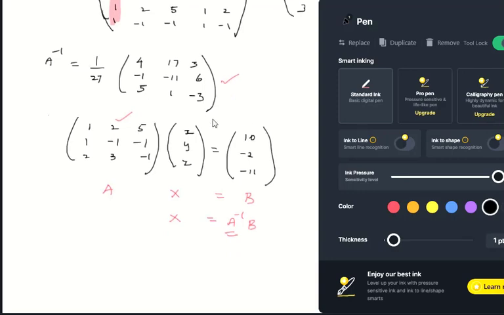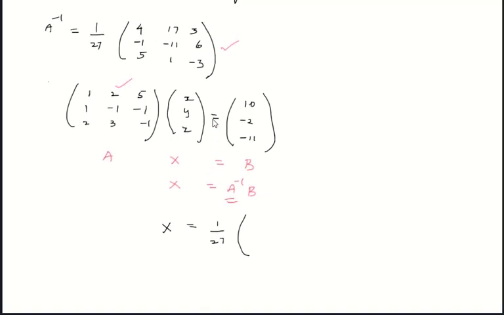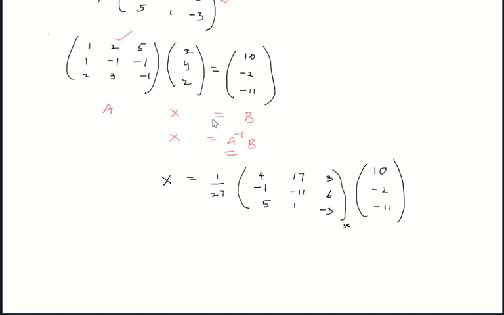So the X matrix is nothing but 1 by 27 into A inverse, which is 4, 17, 3, negative 1, negative 11, 6, 5, 1, negative 3. This is A inverse into the B matrix. B matrix is 10, negative 2, negative 11. So we need to do matrix multiplication. Consider the order. This is 3 by 3 and this is 3 rows and 1 column.